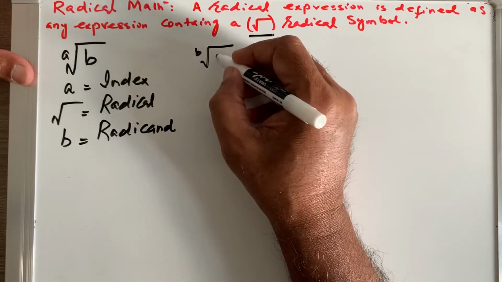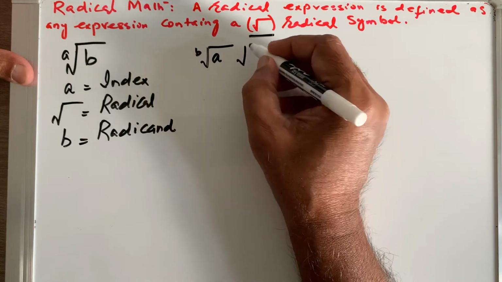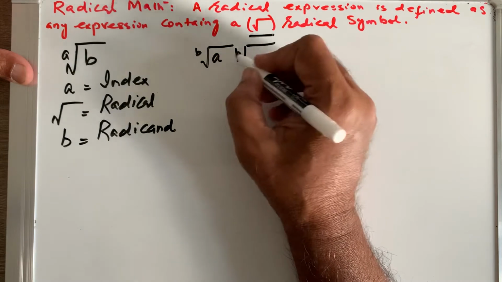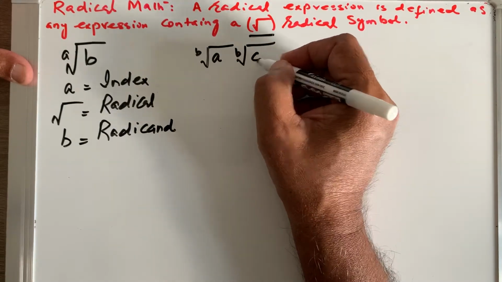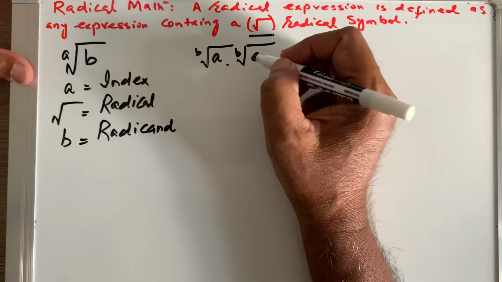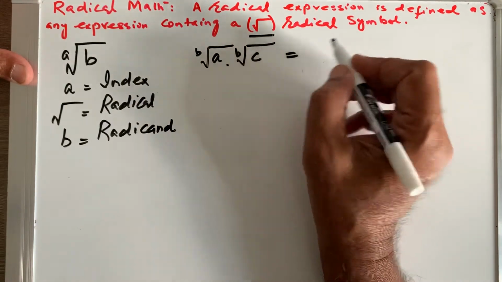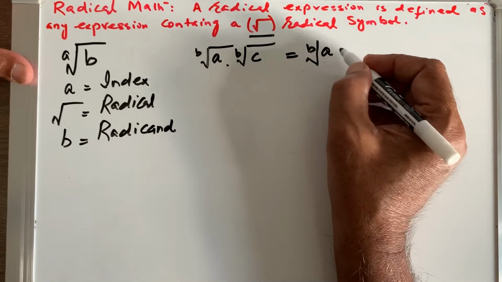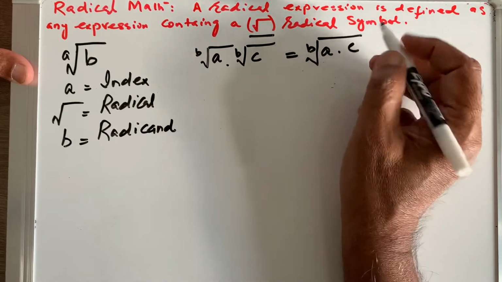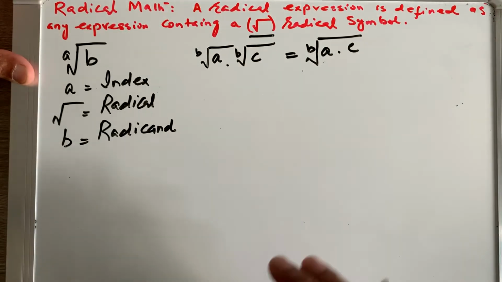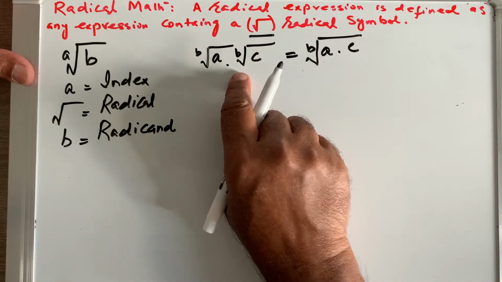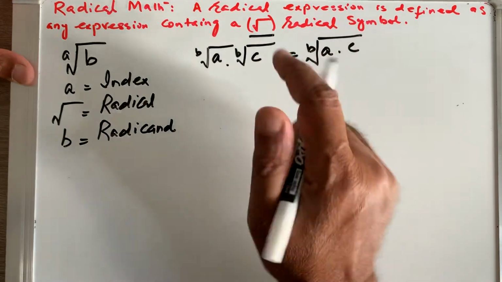If I have two expressions with the same index, but the radicand inside is different, and they are multiplying, then the index remains the same and the radicands will be multiplied by each other. So we learned the first step: if the index is the same, the radicands can be multiplied.